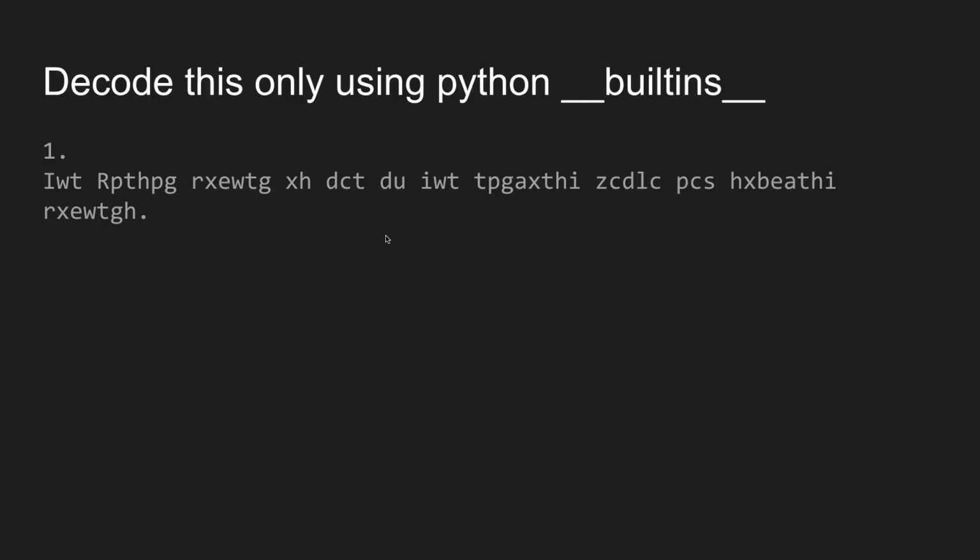So if A is like 32, I think in ASCII it's in alphabetical order. You'd be able to add to the character and then change the character.